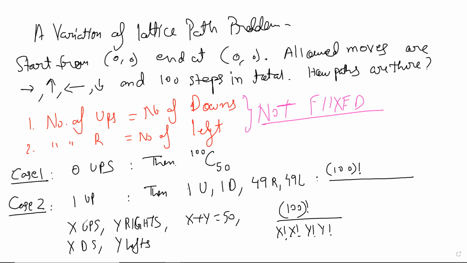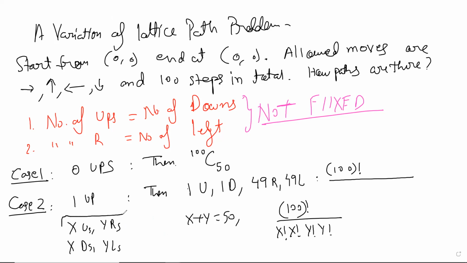So you know that if you have four kinds of things, number of u's, maybe you can just say this. So you have x u's, y r's, x downs, and y l's, okay?